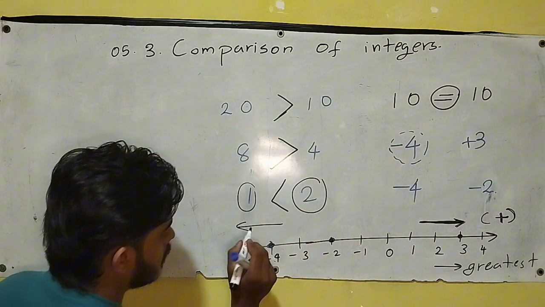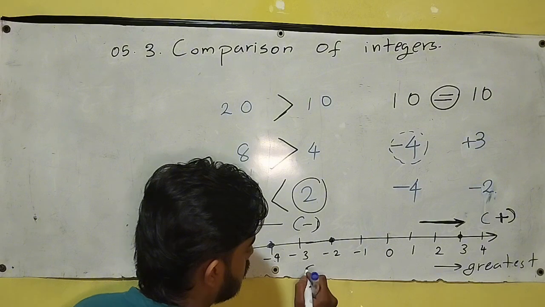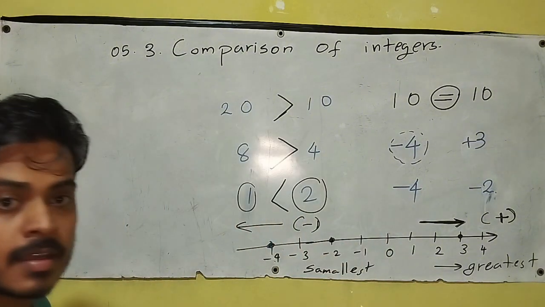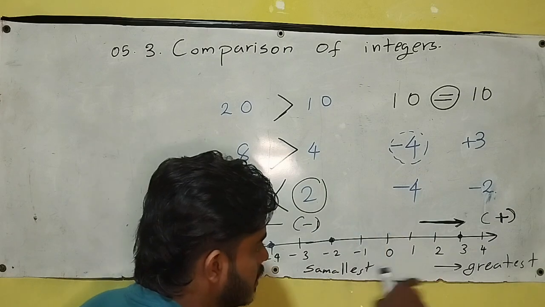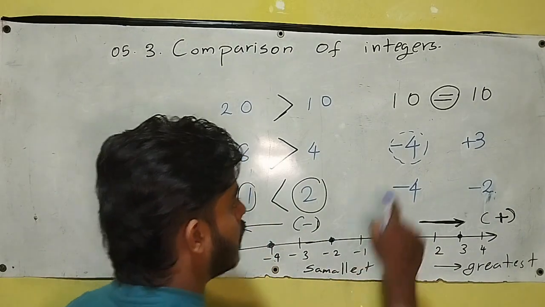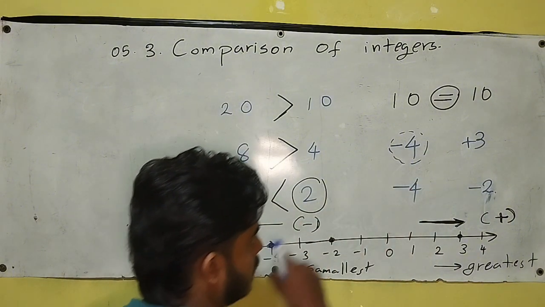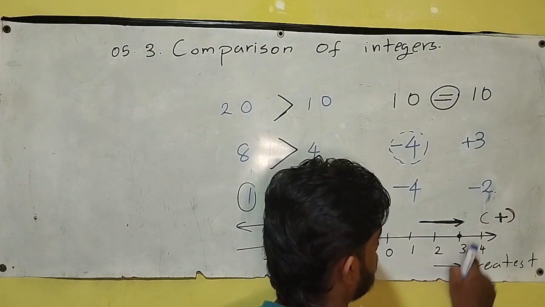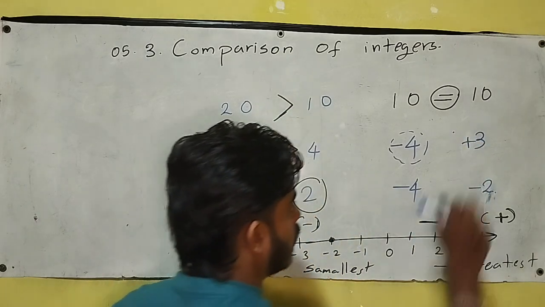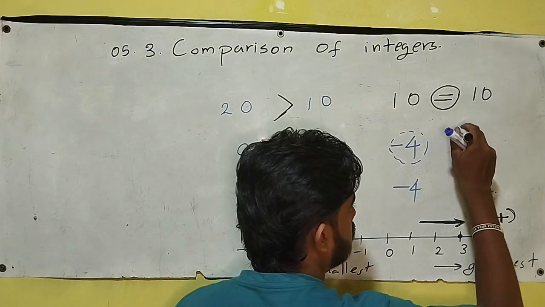Towards this side, negative as well as smallest. According to this, how to put the inequality sign? -4 is smaller than the +3 value. How to put? Like this. Now +3 is greatest.